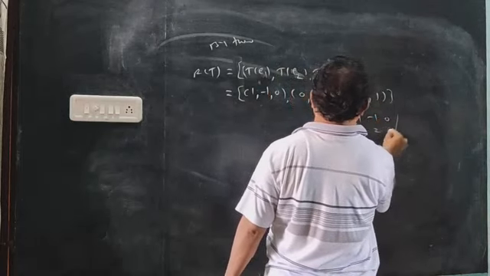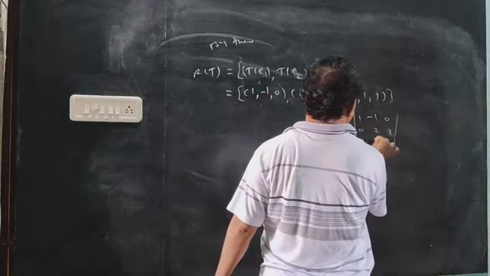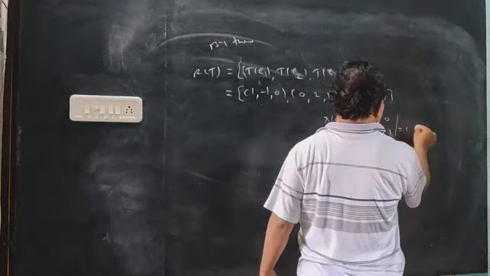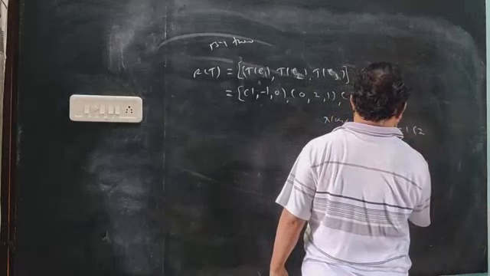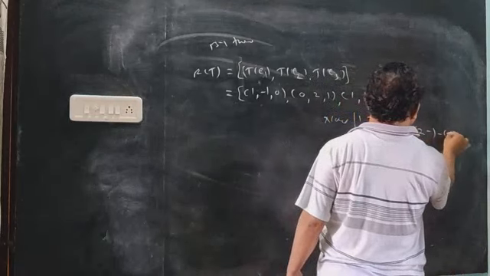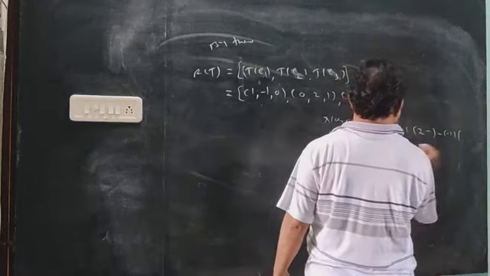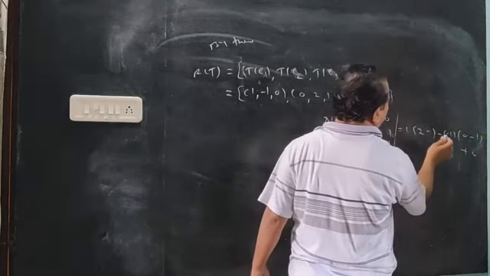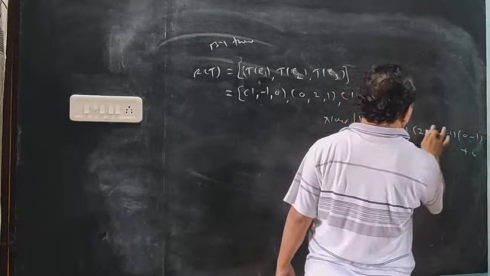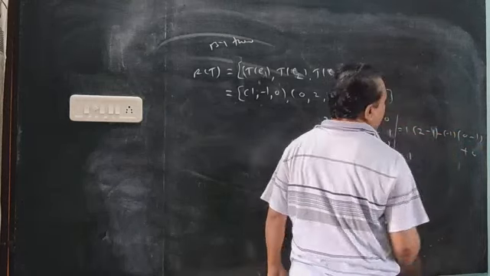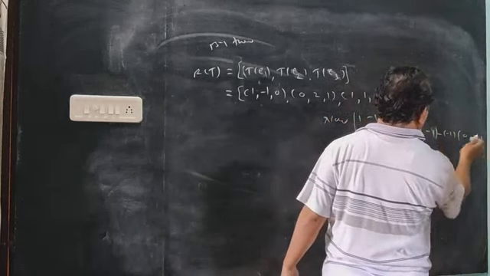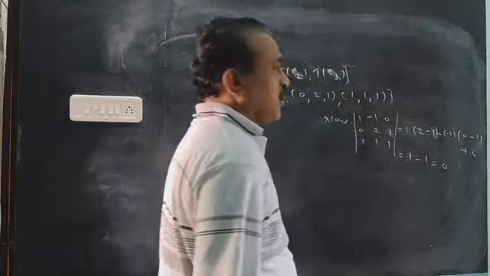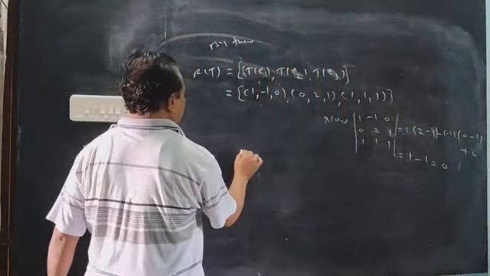LI or LD: equal to 0 means LD, not equal to 0 means LI. Expanding, 1 into 2 into 1 minus 1, minus minus 1 into 0 minus 1, 0 into 0, which equals 0. So equal to 0, LD.